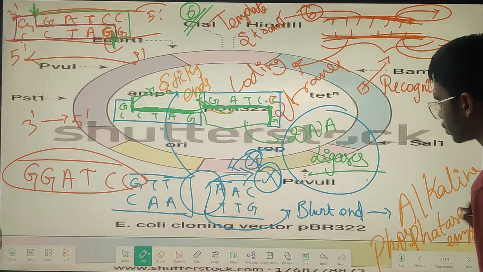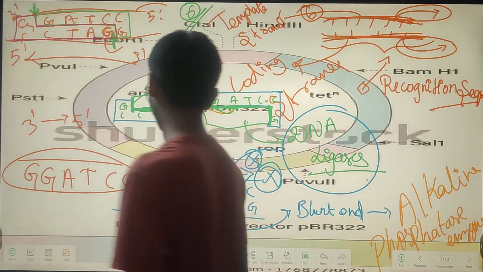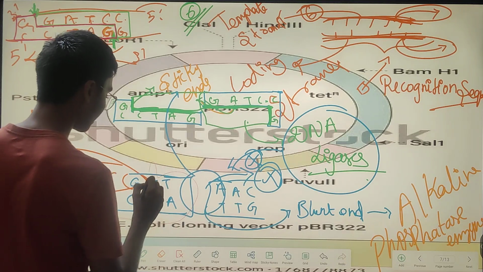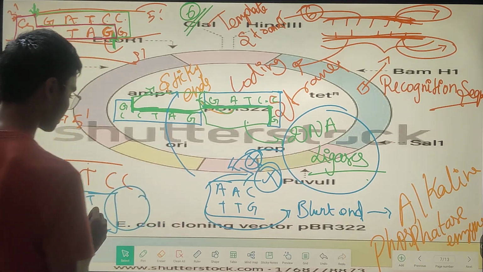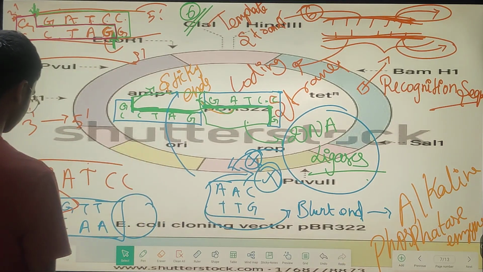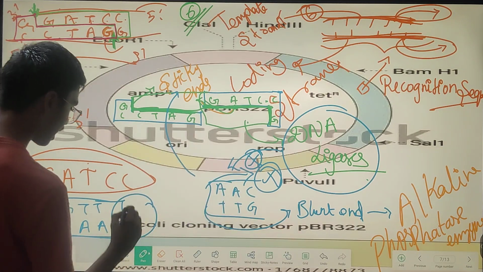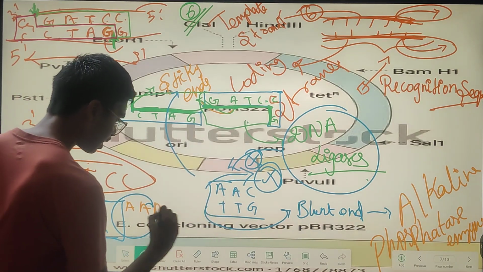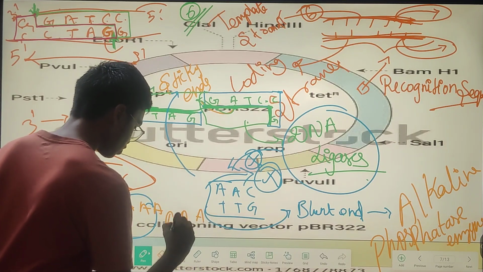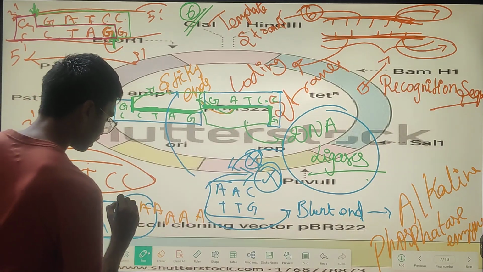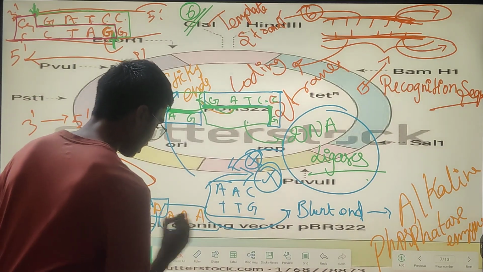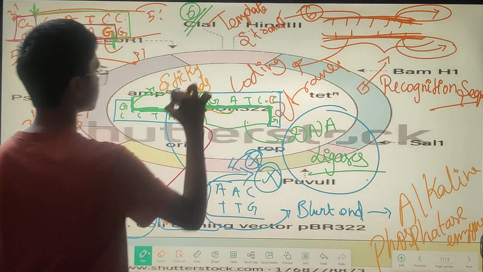So what will this enzyme do? This enzyme will not do anything that is great. Actually, this is not that much complex, it is a very simple thing. This enzyme will add here adenine, and here also adenine. Because of this addition of adenine here and here, now this has become sticky ends.